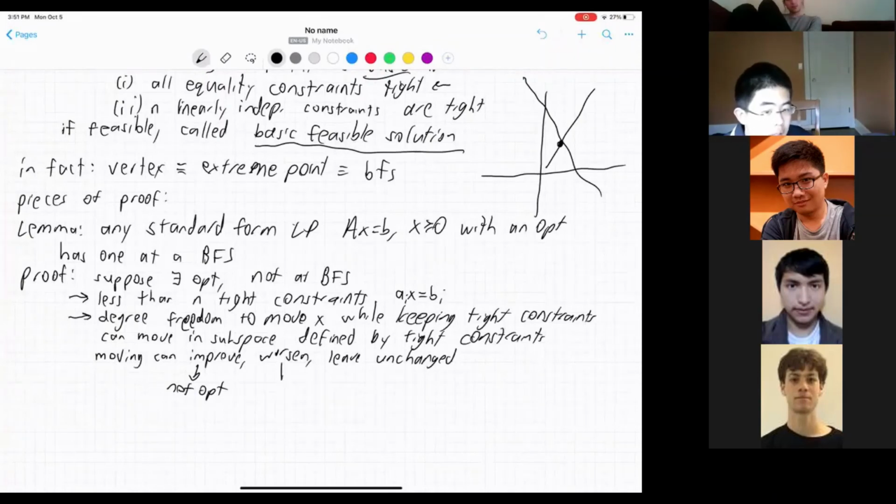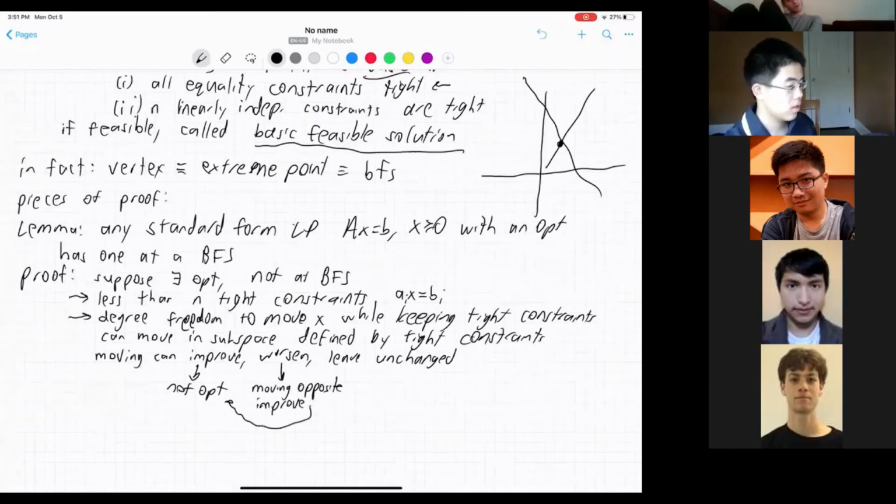Now, what if moving in a certain direction makes things worse? We move in the opposite direction. Exactly. Moving opposite this direction improves, which takes us right back to the assertion that we're not at the optimum.